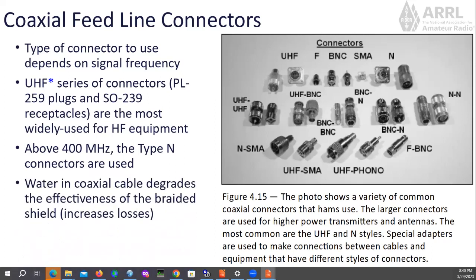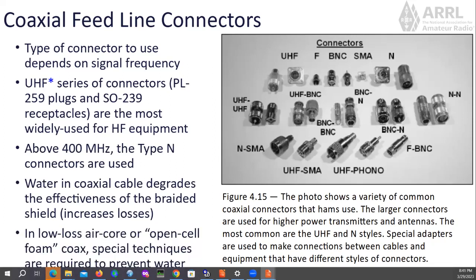Water in coaxial cable degrades the effectiveness of the braided shield, and it increases the losses in the coax. In low loss air core or open cell foam coax, special techniques are required to prevent water absorption.